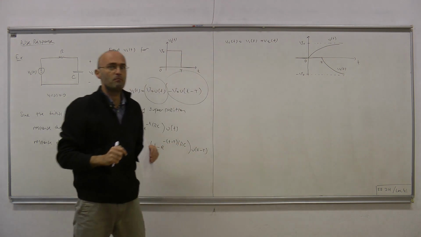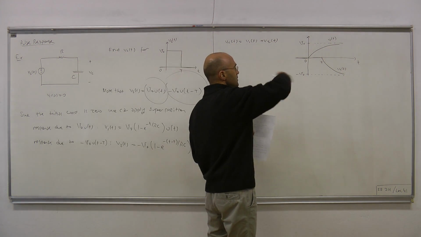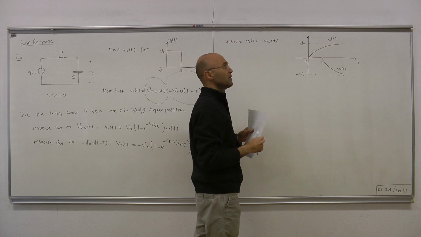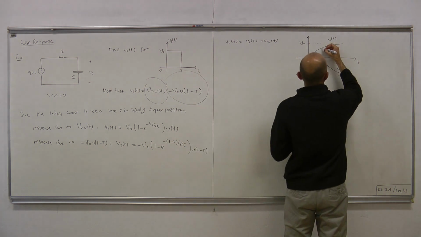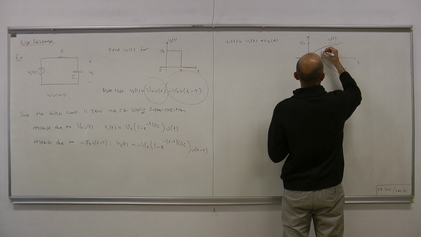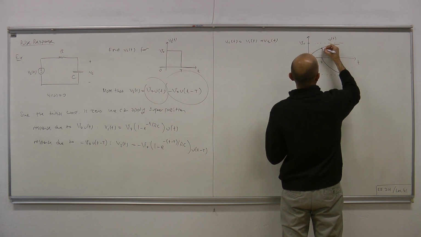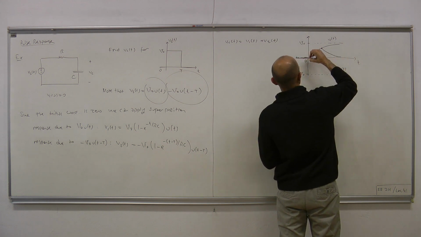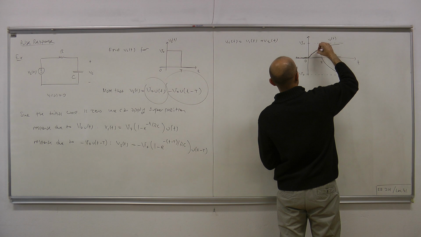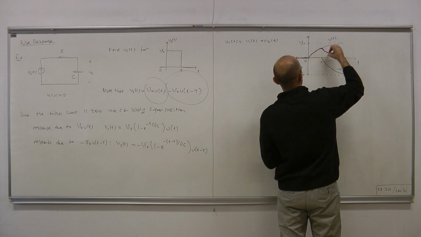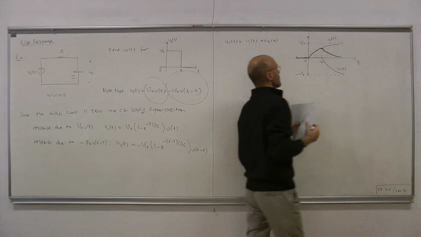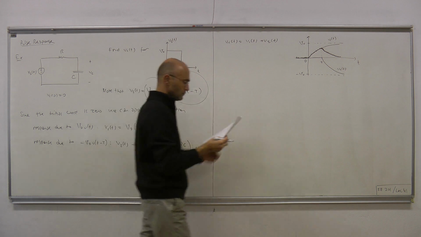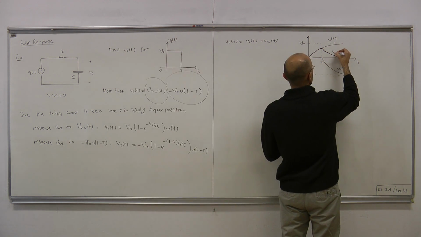Therefore, they will be balancing one another, and the overall response will converge to 0. So from here we're going to be converging to 0. So the overall response will be this dark curve. This is Vc of t.